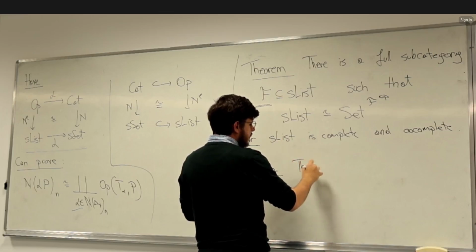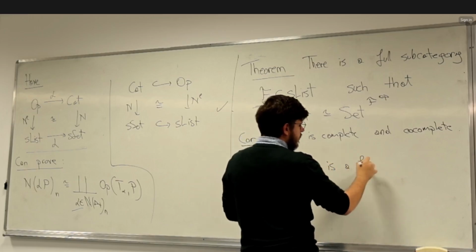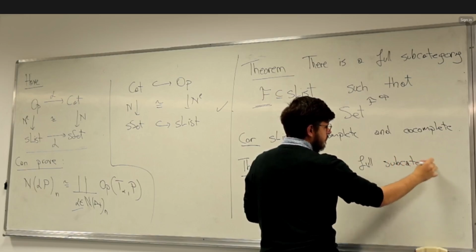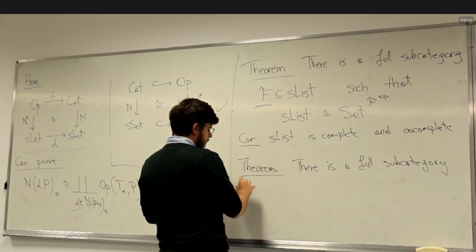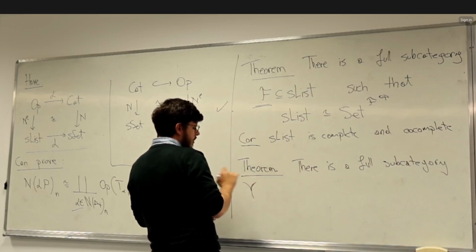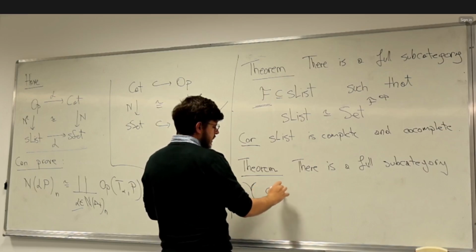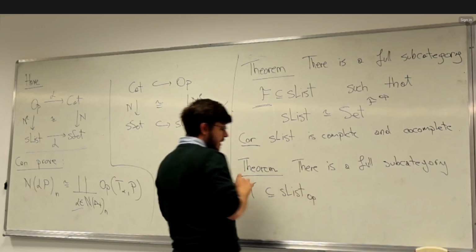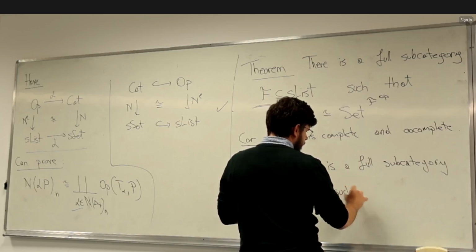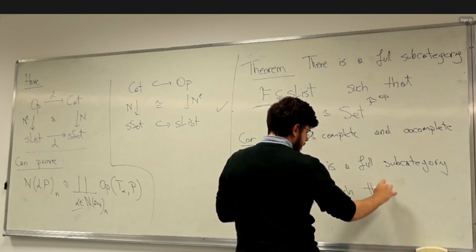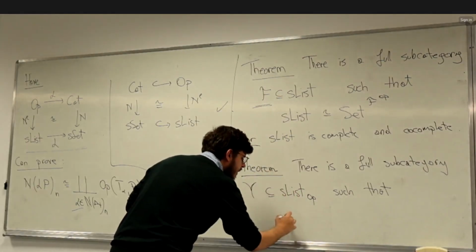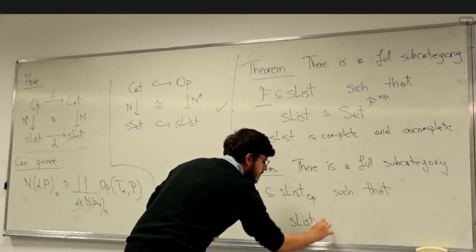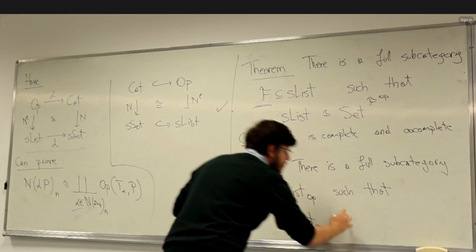Main theorem number 3 says that there is a full subcategory, I'm calling it epsilon, of operatic simplicial lists such that, first of all, operatic simplicial lists are a presheaf over this base.